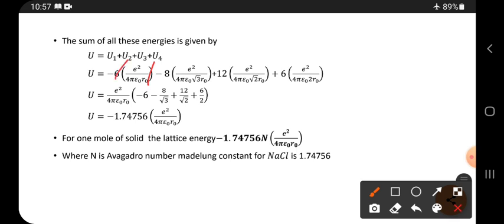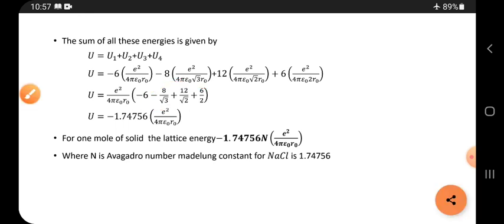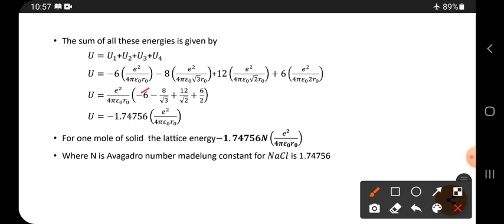Here, 6 into 1 is present, here 8 by root 3, 12 by root 2, 6 by 2. So this is the bracket, and plus 1 is present, but we have considered only 4 things. Now if we sum all these values, then we can get a minus term only. Why? Because here 6 is highest with minus, and the remaining are all smaller values, so that is a minus term we get.